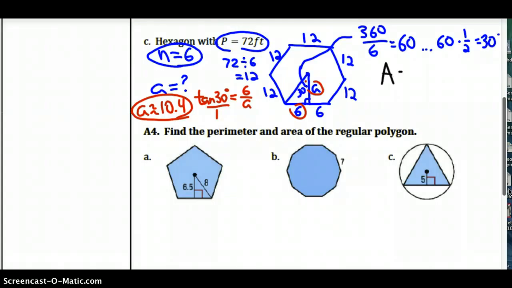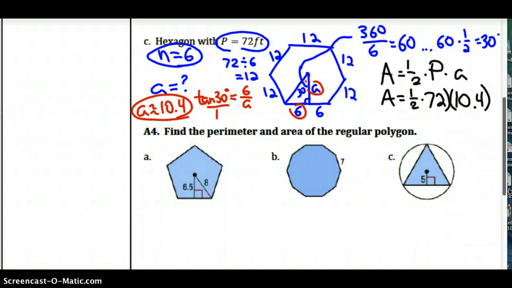So I'm going to go ahead, area is 1/2 perimeter times apothem, A equals 1/2 of 72 times 10.4. And again, I'm going to parenthesize these because the decimal point can kind of be a little bit disturbing.